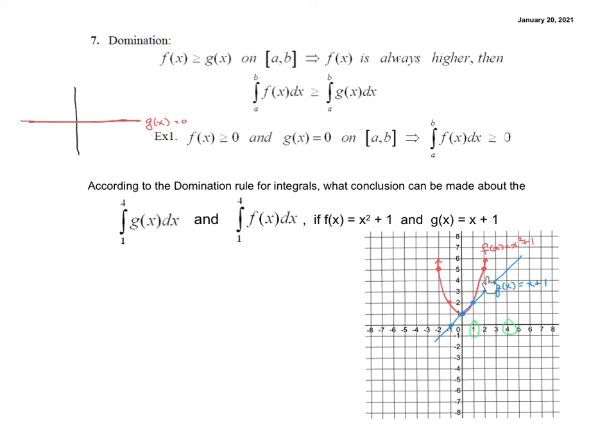G of x is always less than f of x. F of x is always greater than g of x. That means I would conclude that the integral from 1 to 4 of f of x dx has to be greater than or equal to the integral from 1 to 4 of g of x dx.